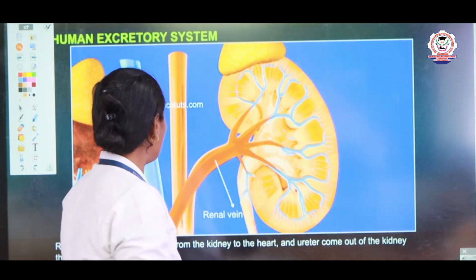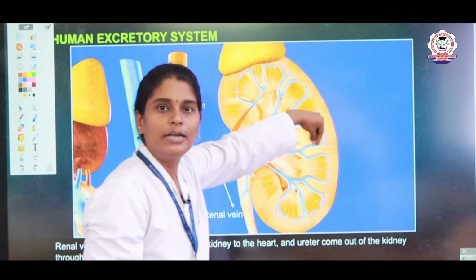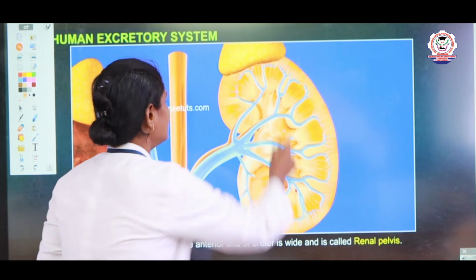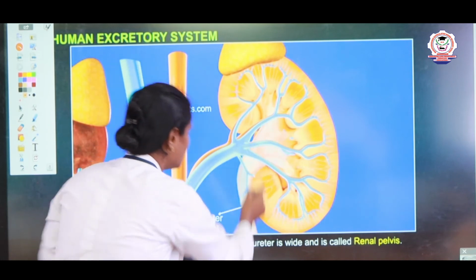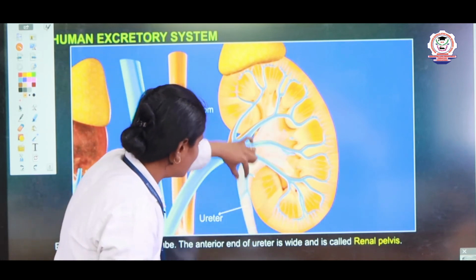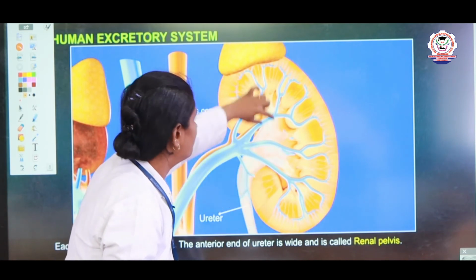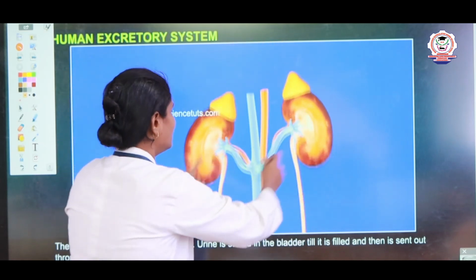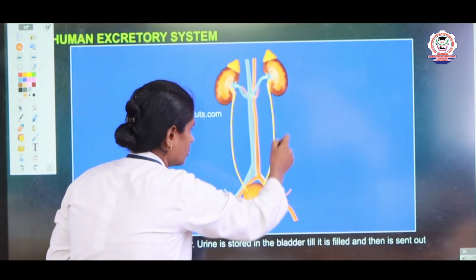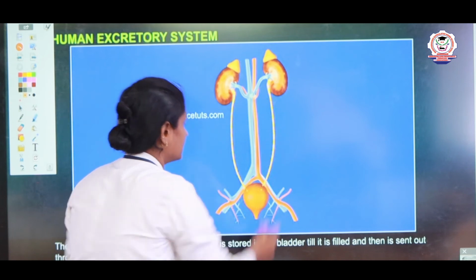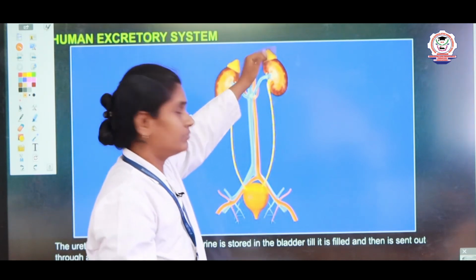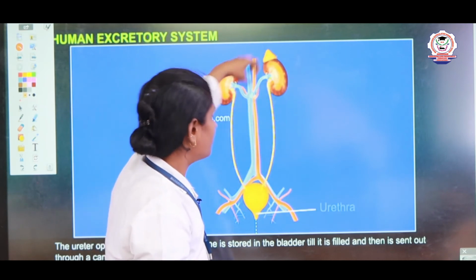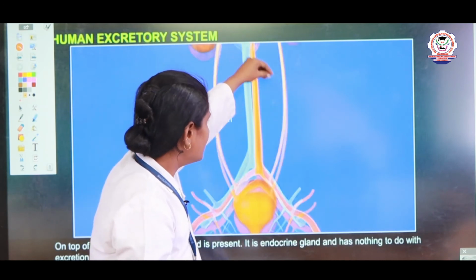When the blood is received, the nephrons filter the waste products from the blood, and the waste product is sent through the long tubules. Here you can see the long tube that goes from the kidney. These long tubules, one from each kidney, are called ureters. The waste product known as urine is removed from the blood and sent through the ureters.